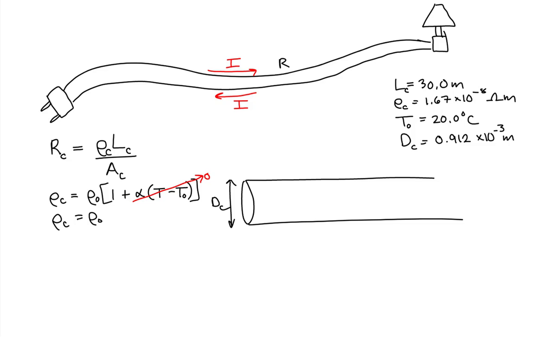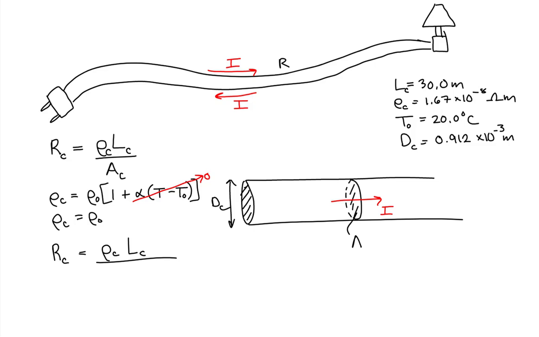So with that said, we have enough information to complete this problem. We have the resistance of copper wire is equal to its resistivity times its length, both of which are given, divided by the area. Well, the cross-sectional area through which the current moves is given by the area of a circle.